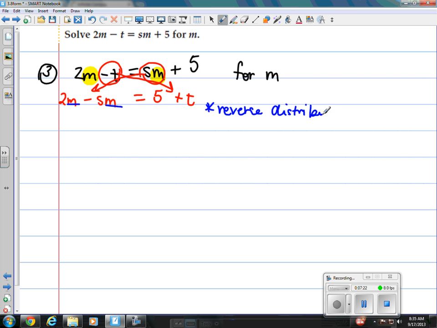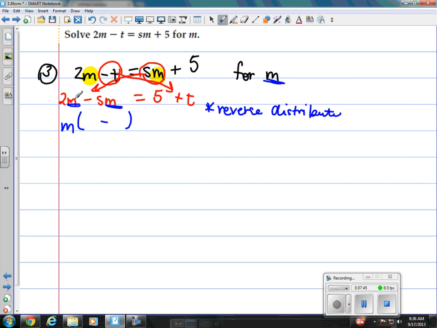So usually when I distribute, I multiply. What I'm going to have to do now is take out a common term. I basically ask, what are we solving for? Solving for m. So I'm going to take my m out. Then I'm going to make a parenthesis, because that's what the distributive property looks like. And then my minus sign just drops down.